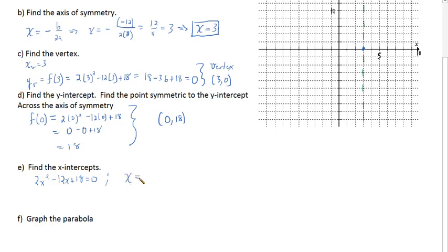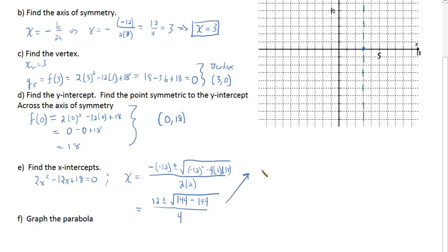So then x would be equal to the opposite of negative 12 plus or minus the square root of negative 12 squared minus 4 times 2 times 18, over 2 times 2. Simplifying, that would give me 12 plus or minus the square root of 144, negative 12 squared is 144, minus 4 times 2 is 8, and 8 times 18 is 144. 2 times 2 is 4.